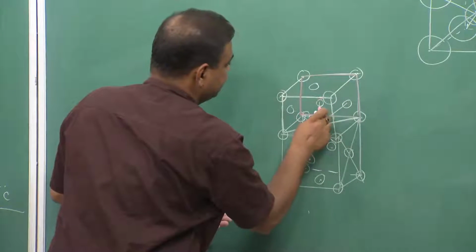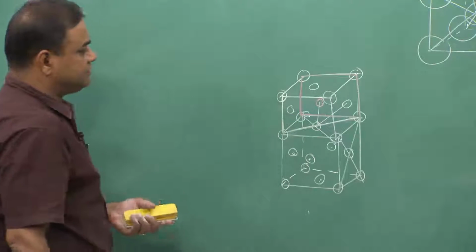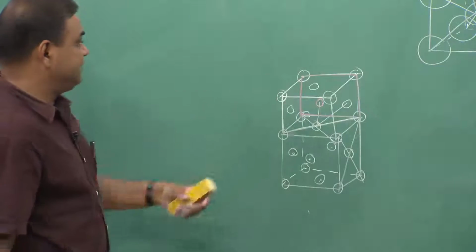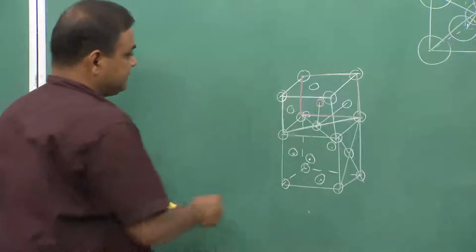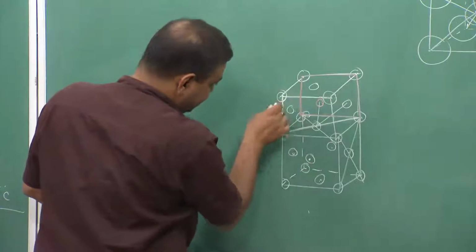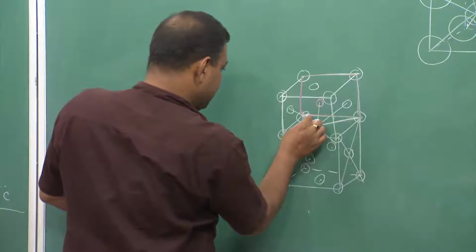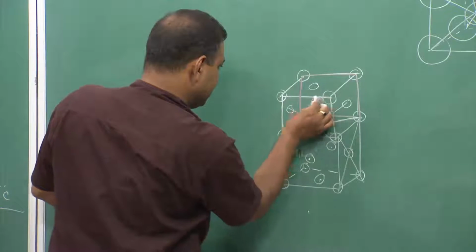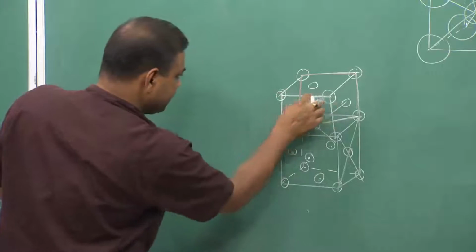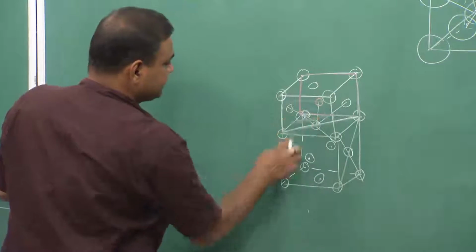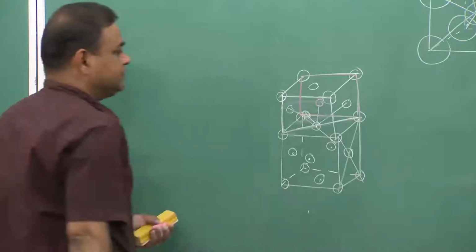This atom is basically situated at the center of the back plane. So, this is connected, this is a side plane, this is connected, and then in front, this particular plane, the front plane, there will be a center atom. So, this is connected to that.